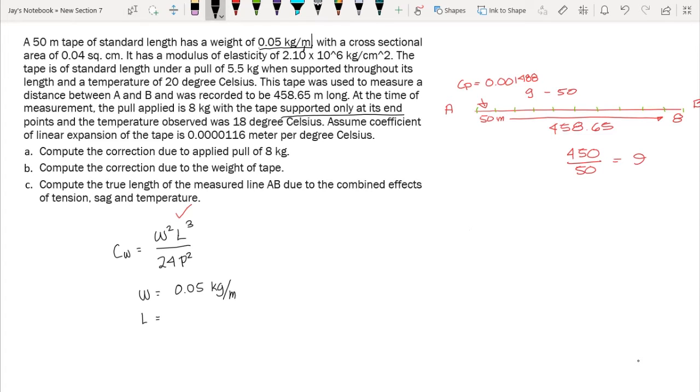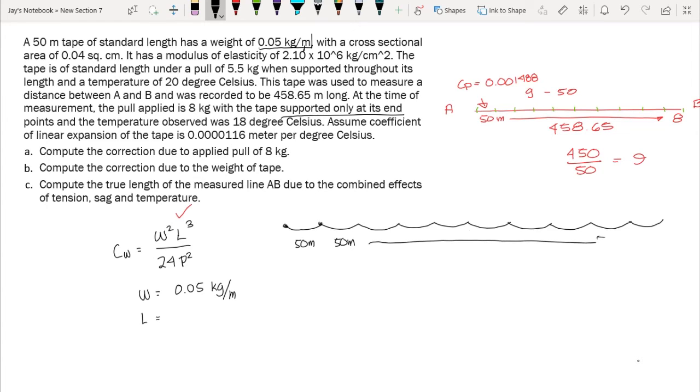So we have the sag correction for every 50-meter length. Okay, so all throughout, this is 50 meters. And the remaining or the excess length is 8.65 meters. So we have two lengths here. We have 50 meters and we have the remaining 8.65 meters.